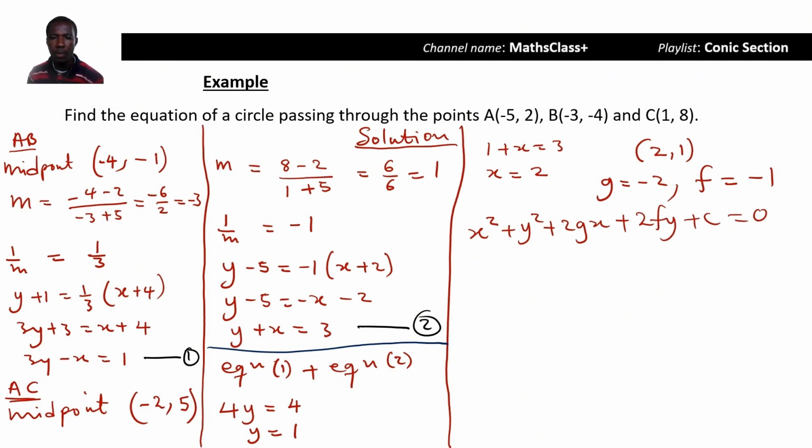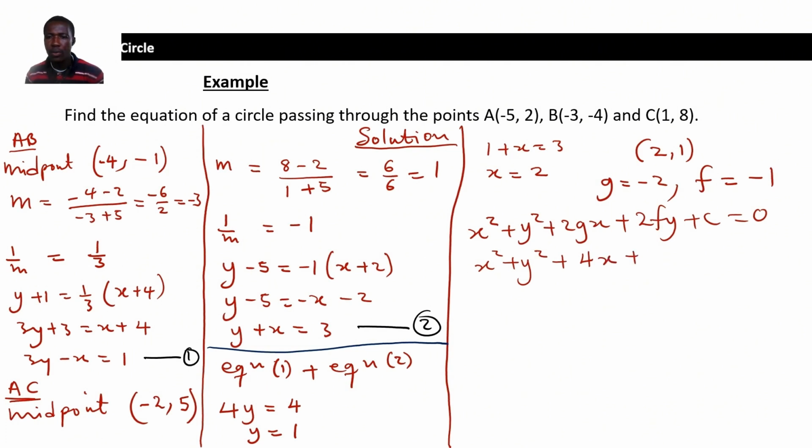Now for my substitution of the center, I'll have x squared plus y squared plus, so x is 2, when I substitute, I'll get 4x. And then y is 1, when I substitute for f, I'll get 2y plus c is equal to 0.